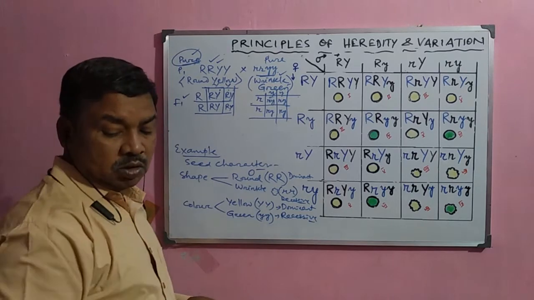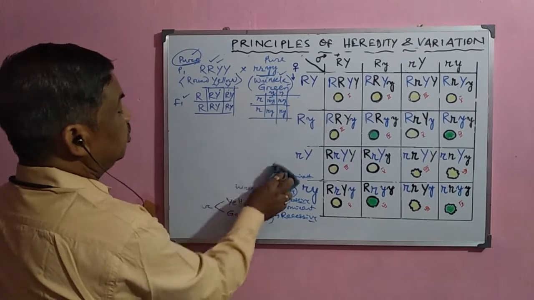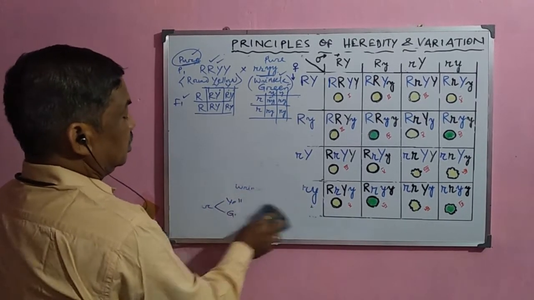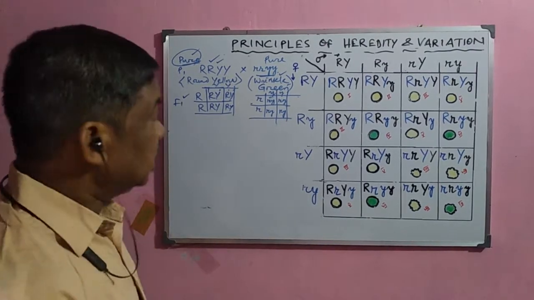Now, when he crossed these gametes, in the F1 generation he observed that only the dominant character was expressed.